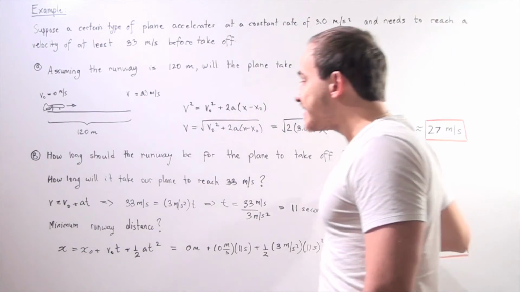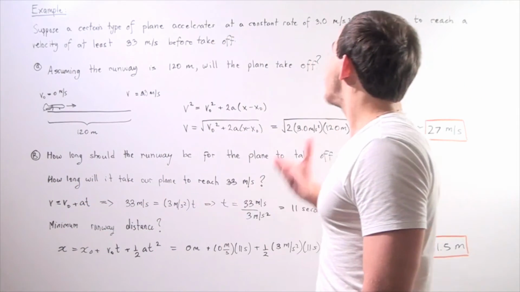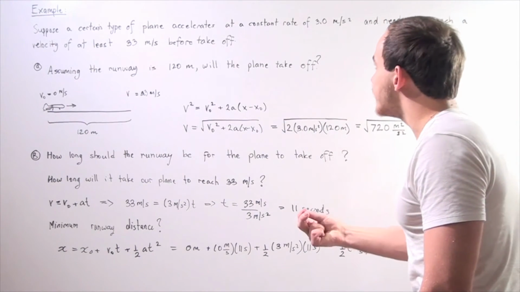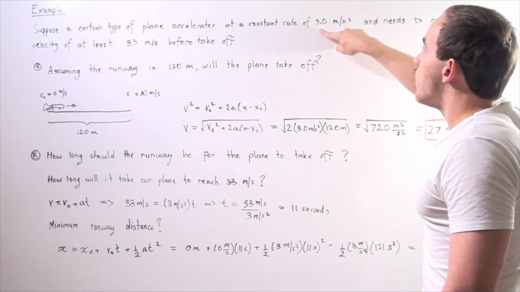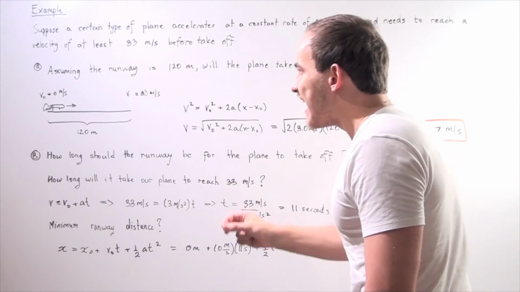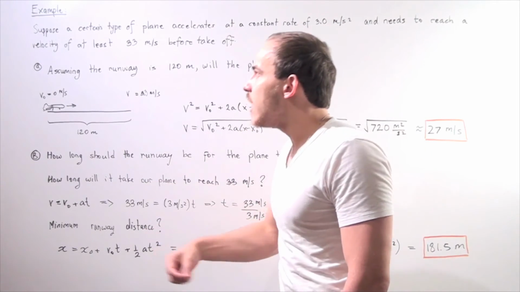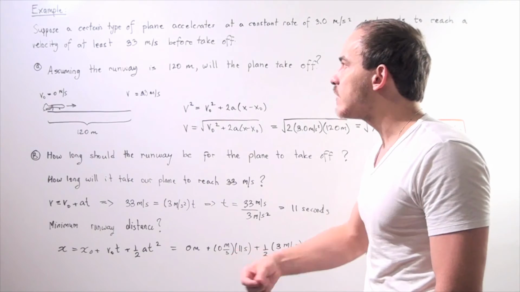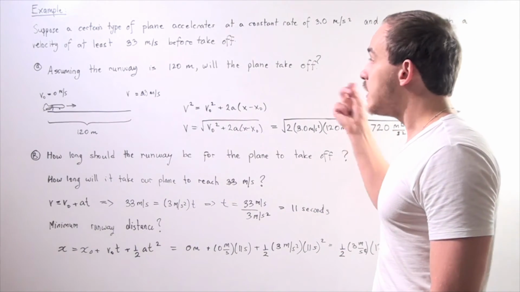Now, instead of using this formula, we could have simply used logic. Look, our plane accelerates at a rate of 3.0 meters per second squared. That means that every second our airplane adds a velocity of 3 meters per second. So after 1 second our velocity is 3 meters per second.